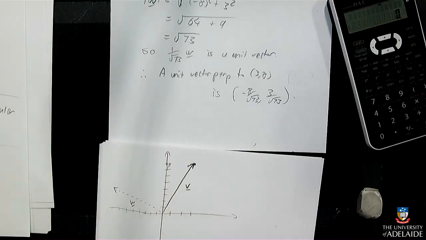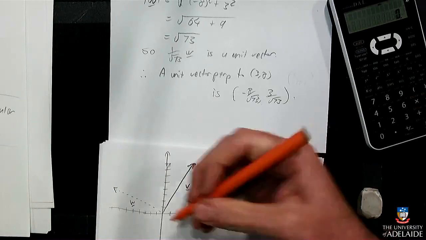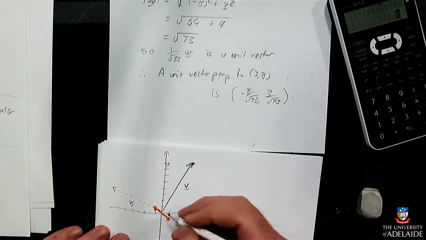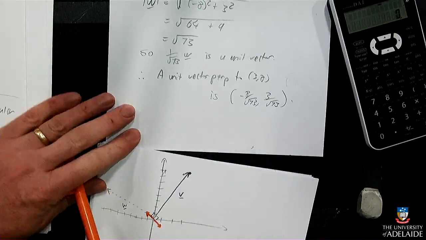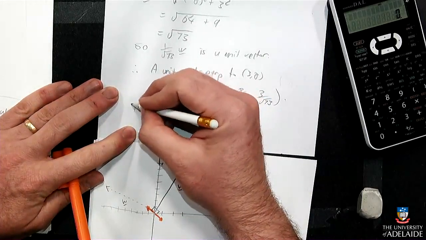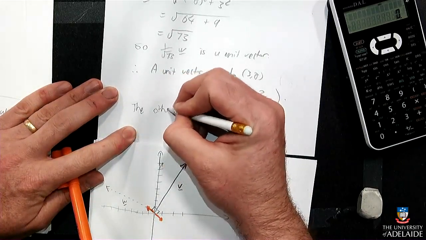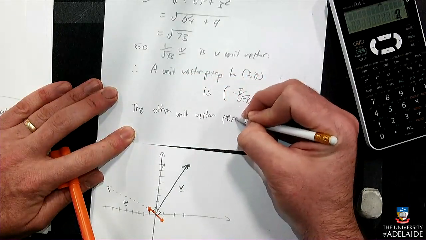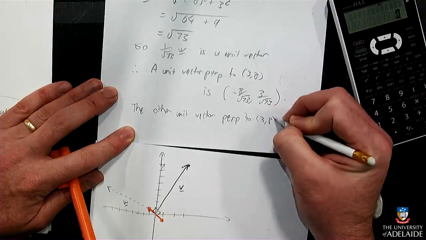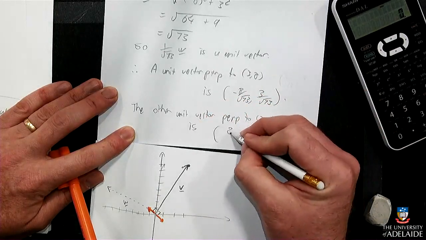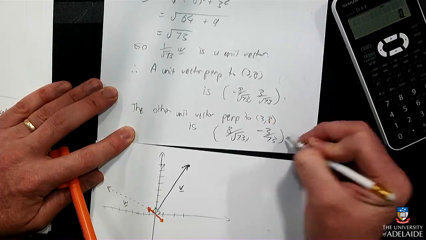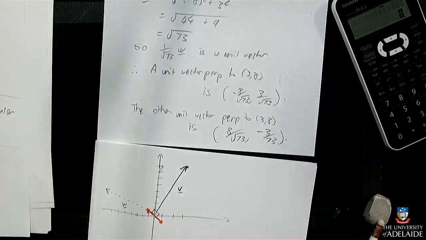Yeah, and it's at right angles. And the unit vector is there. So there should be another one over this way that's also at right angles. It'll be minus this vector, because it's the same vector but pointing the other way. All right, so there's going to be exactly 2.